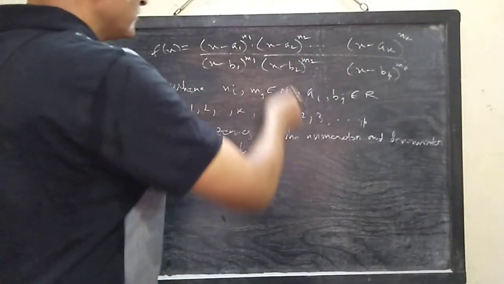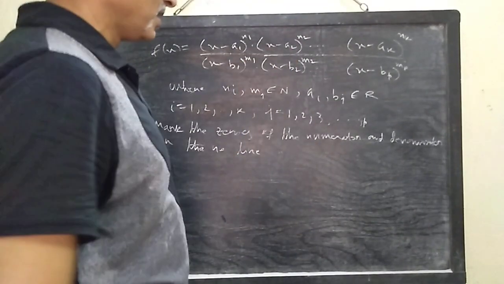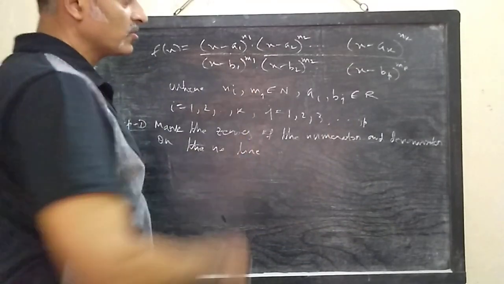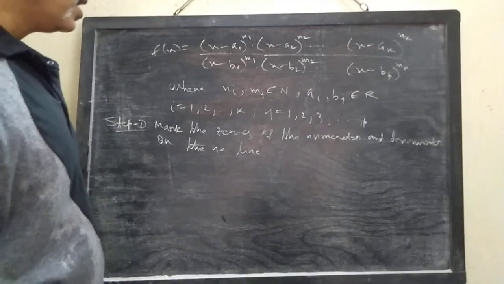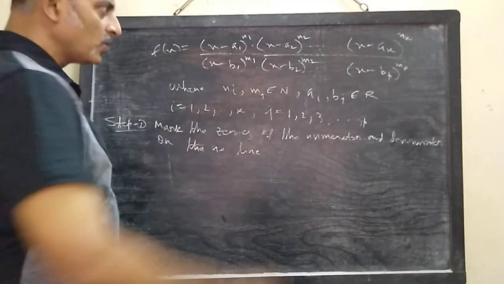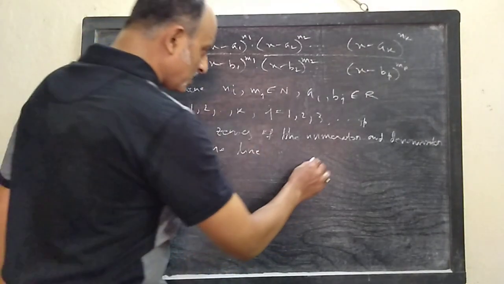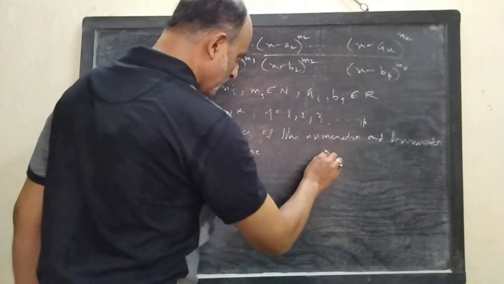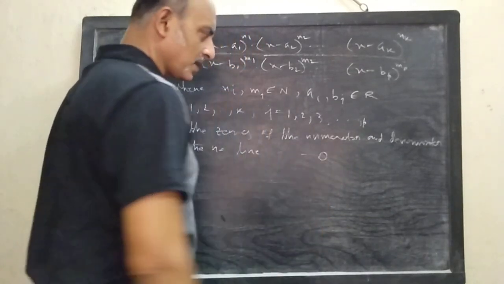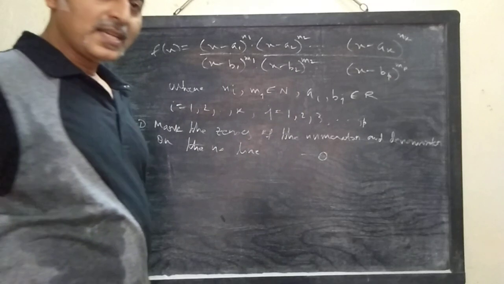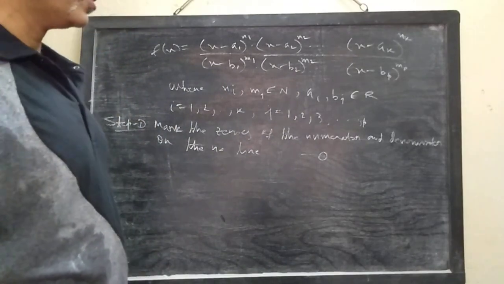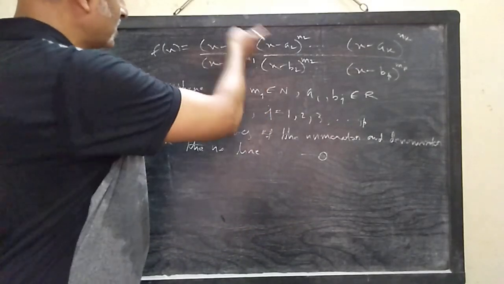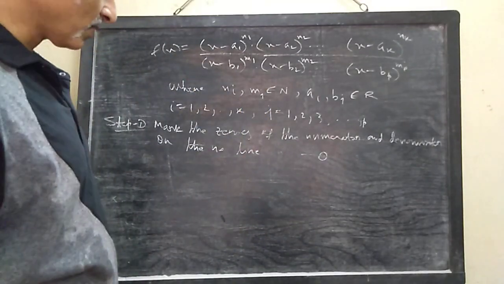Here the zeros of the numerator are a1, a2, up to ak, and the zeros of the denominator are b1, b2, up to bp. We have to mark all these zeros on the number line. Especially the zeros of the denominator should be marked with an open circle, because these points can't be in the solution, since for these values of x the function becomes undefined.